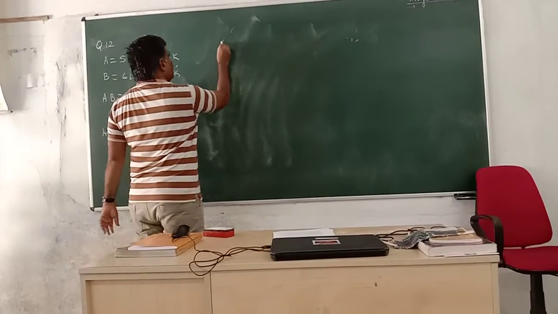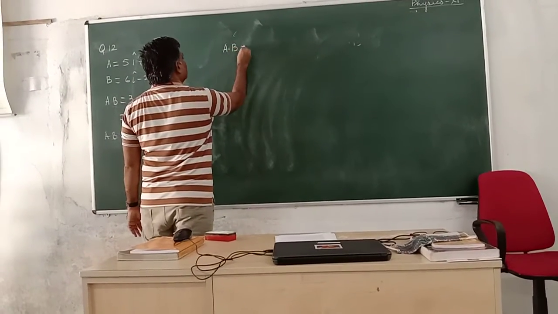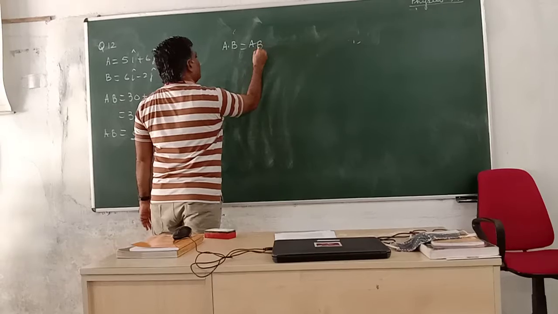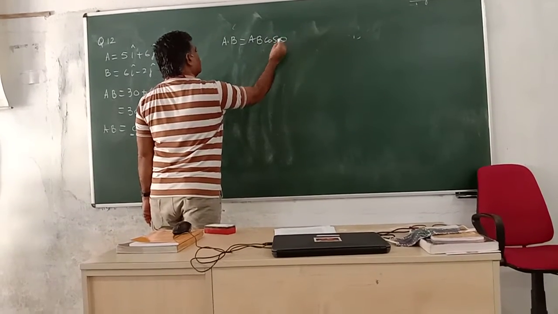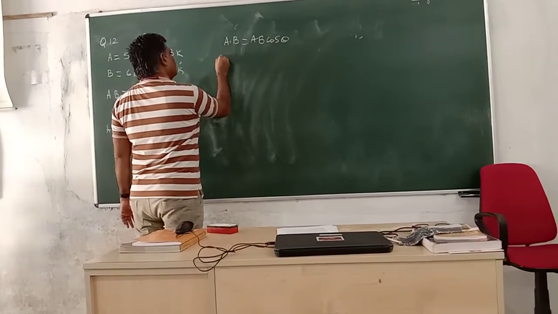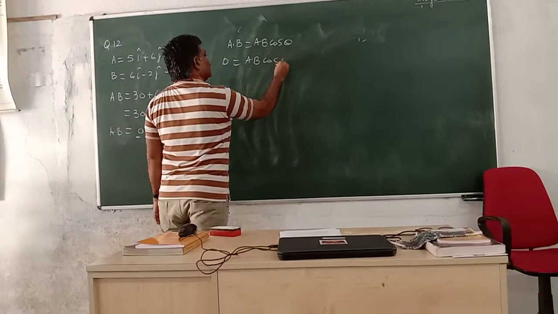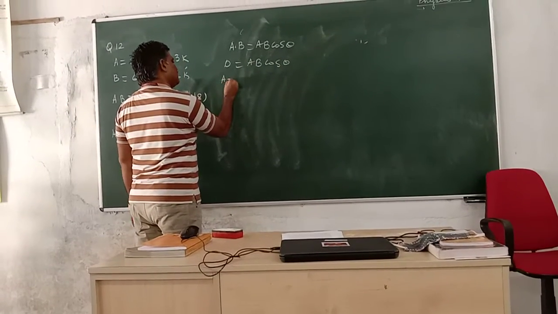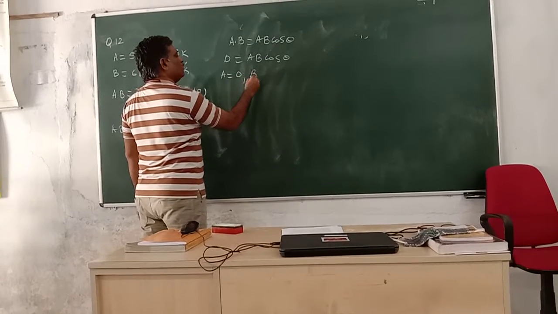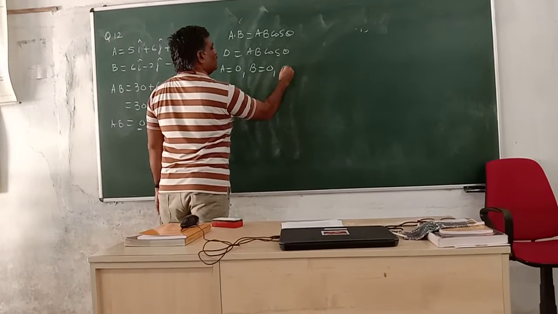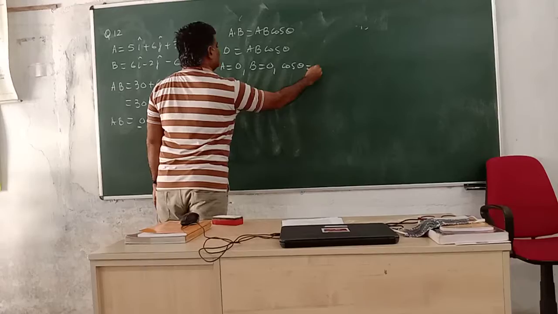By the definition of A dot B, A dot B is equal to AB cos theta. Therefore, 0 is equal to AB cos theta. In this case, either A is equal to 0, or B is equal to 0, or cos theta is equal to 0.